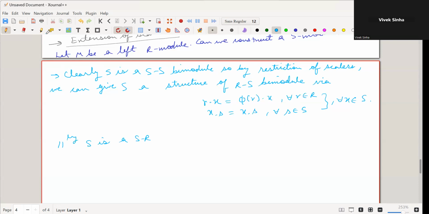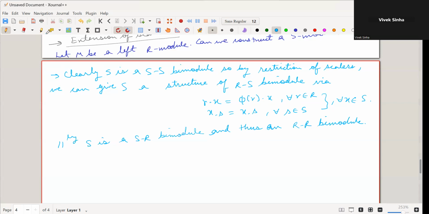So it becomes an SR bimodule, right? Parallelly. And thus, if you restrict it from both sides, then it will become an RR bimodule.